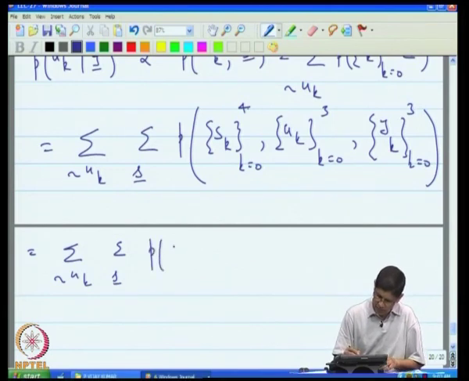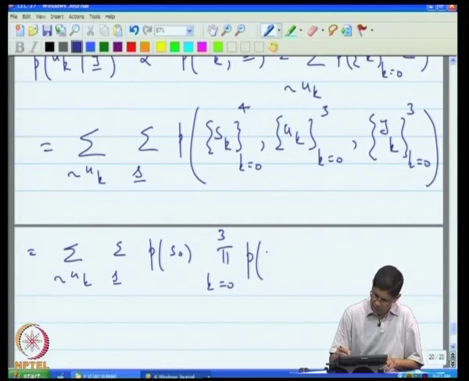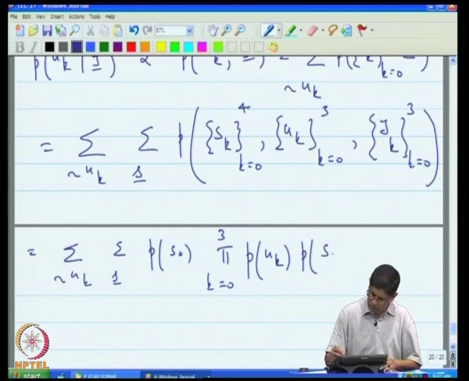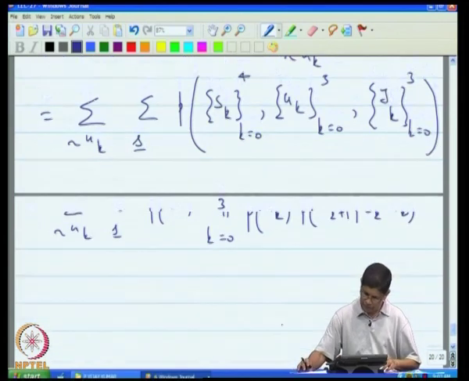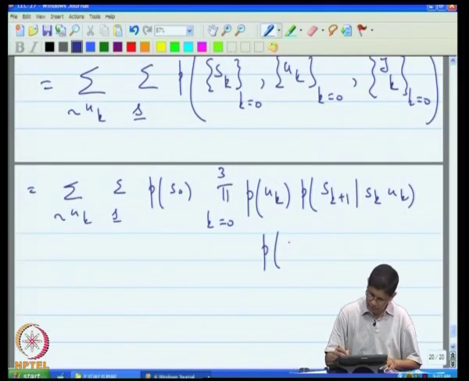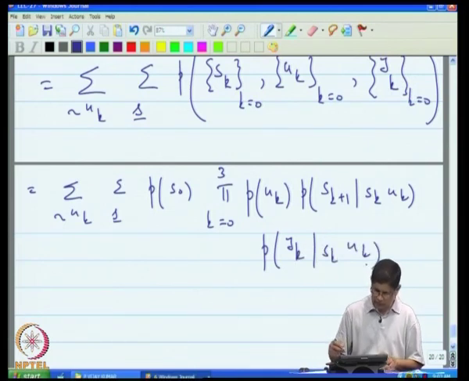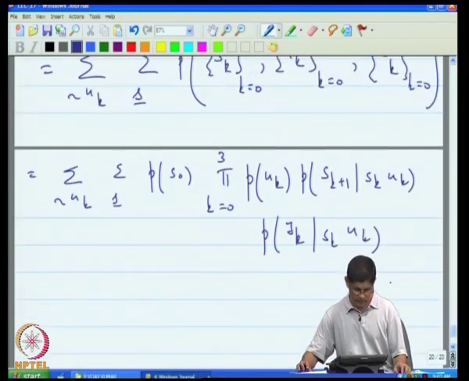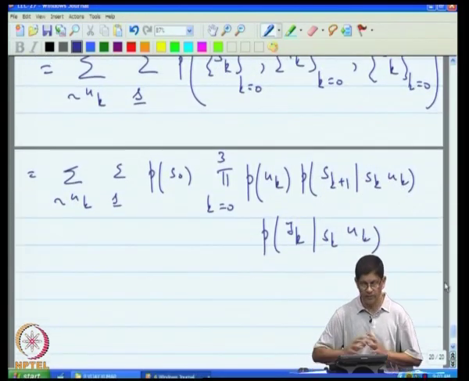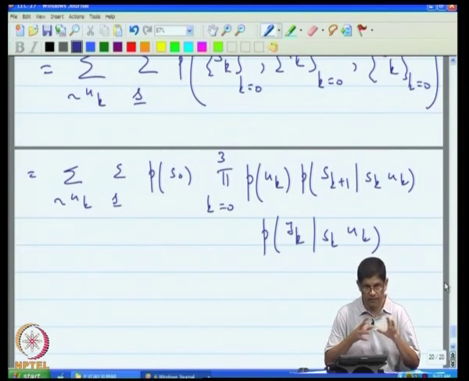So, you have probability of S0, okay. So, this factors like this, and once again we see that we have ended up with a problem that has the form of a marginalizer product function problem.